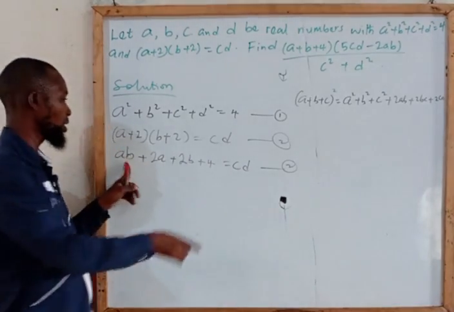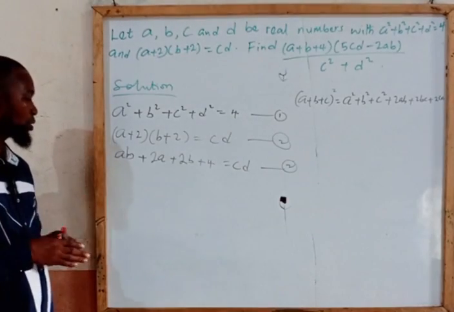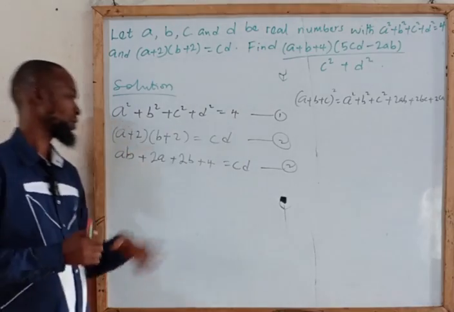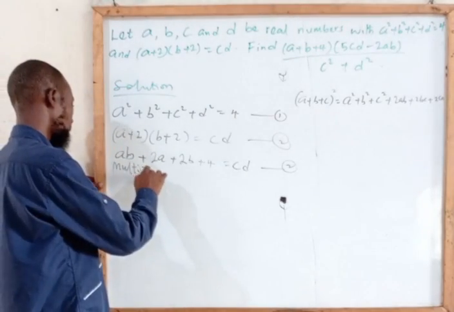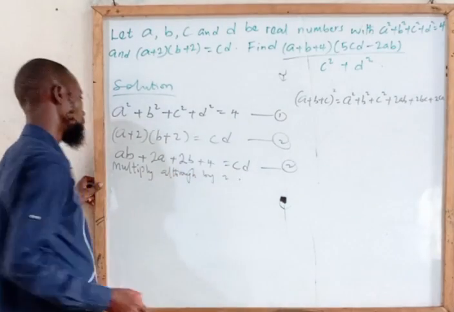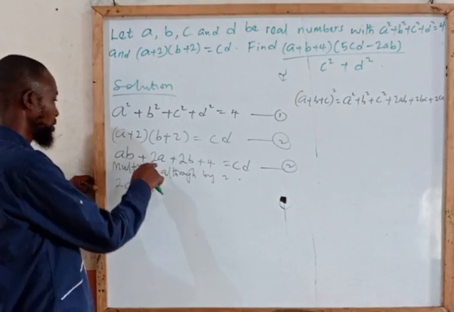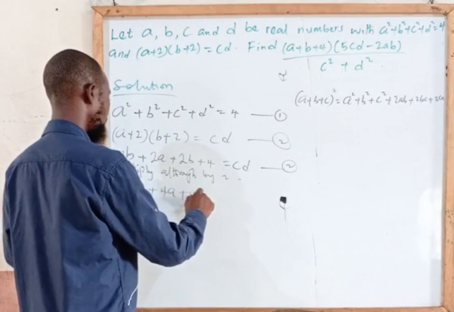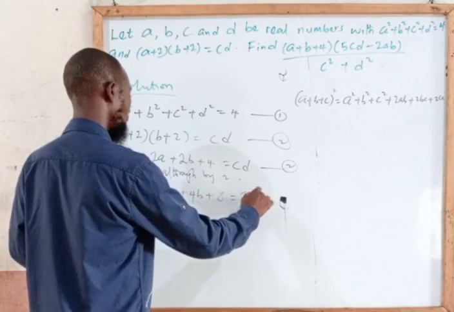Once that happens, it is going to affect every other thing in this second equation. Remember, it is still equation 2; we are still adjusting it. So I have to multiply throughout by 2. Doing that, 2 times AB gives 2AB, 2 times 2A gives 4A, 2 times 2B gives 4B, and 2 times 4 gives 8, equal to 2CD.